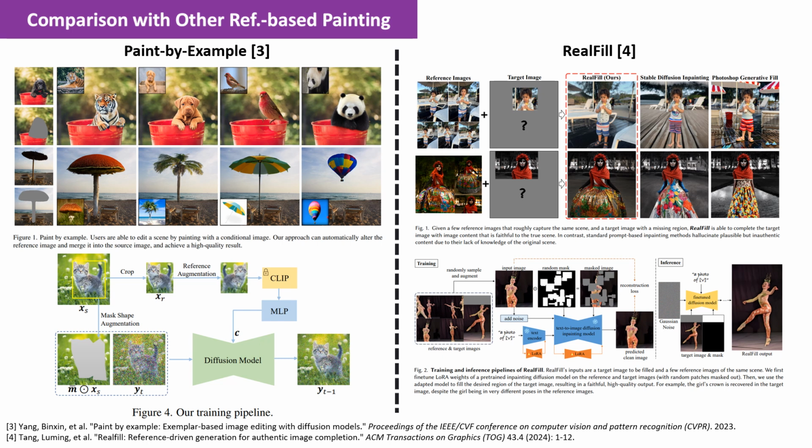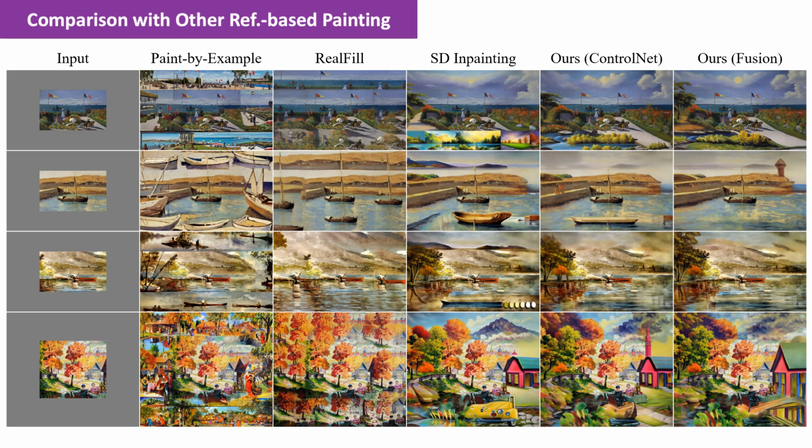In addition, we compare our method with other reference-based painting approaches to clarify that our design intent is fundamentally different. We adopt two promising reference-based methods, Paint by Example and RealFill. Prior reference-based methods inject explicit cues from the reference into the output. In contrast, our method focuses on inferring objects and backgrounds that are plausible given the global composition, even when no explicit corresponding cue is available.